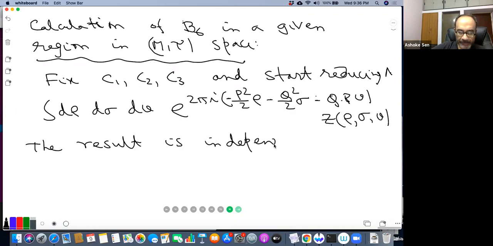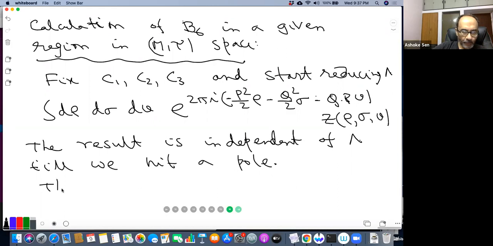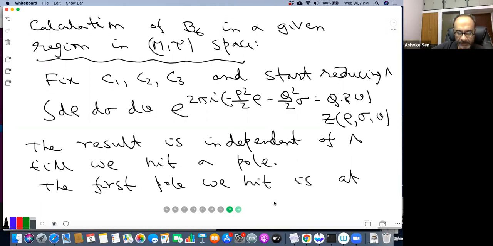Okay, but the integrand starts reducing till we hit a pole. So the first pole we hit is at rho sigma minus b square plus v equal to 0.